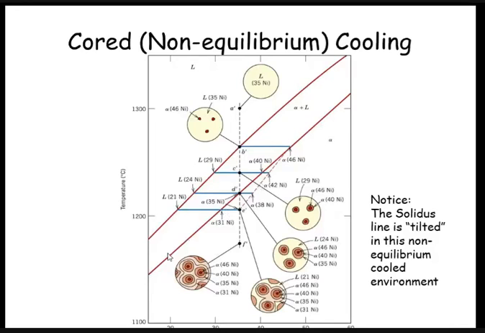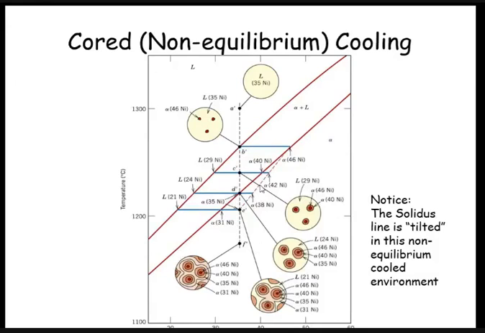As we know from the construction of phase diagrams, above the liquidus line everything is liquid, and below the solidus line everything is in solid phase.